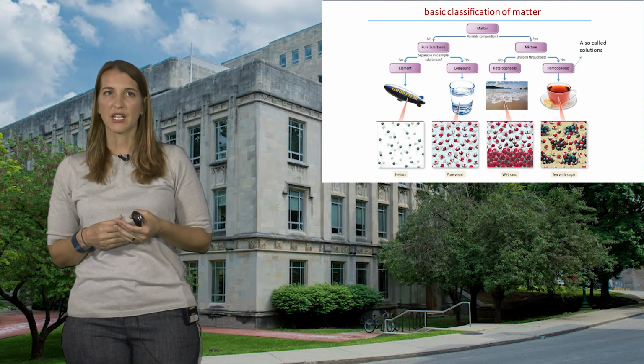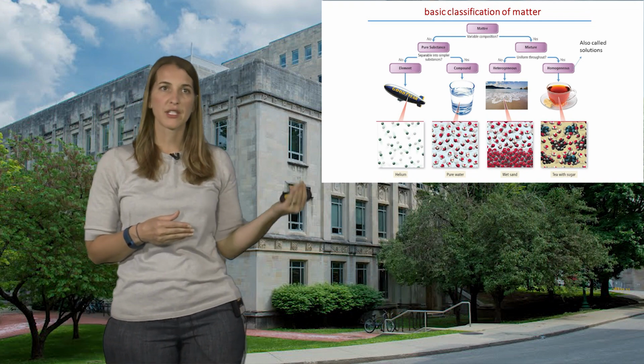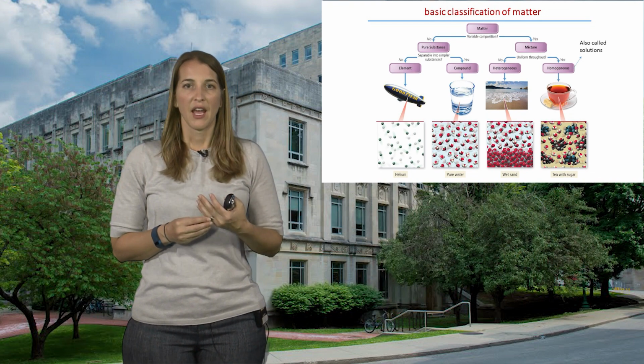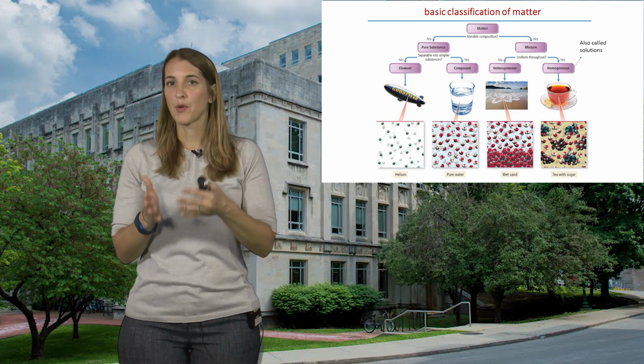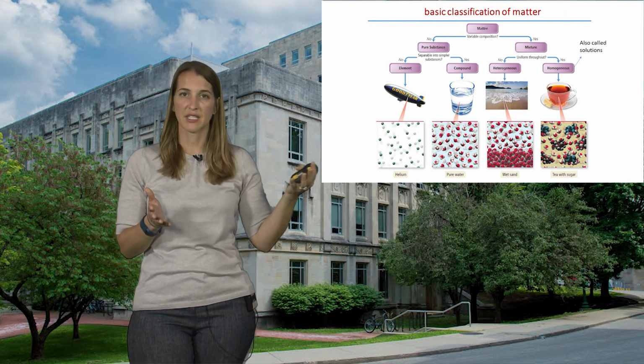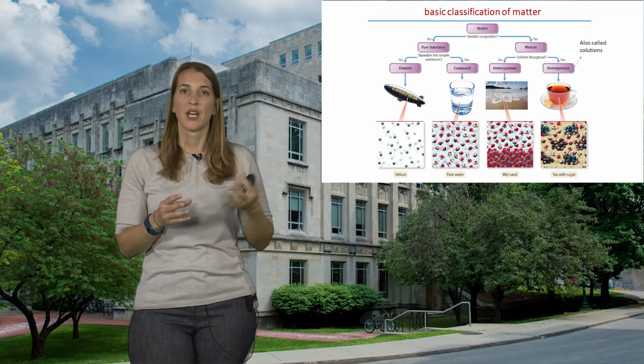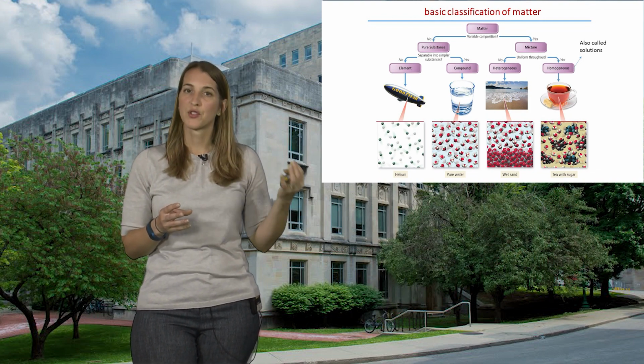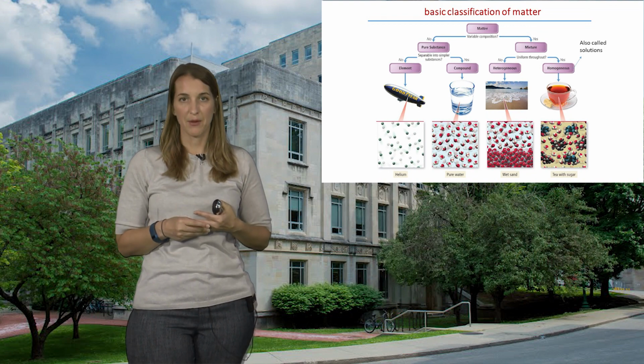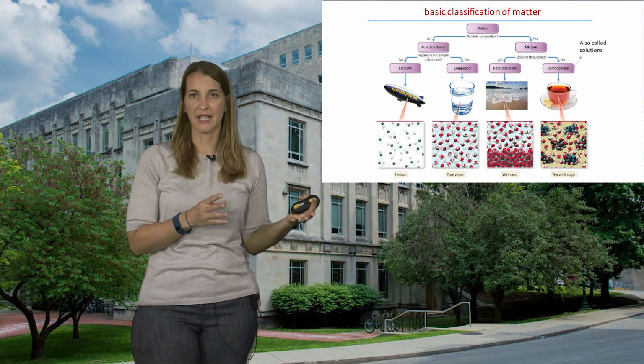Now, a pure substance can also be broken down into an element or a compound. A compound can be broken down further to an element. If it's the simplest that it can be, then it's an element. And atoms of two or more elements can make up a compound. All right, so that's that side.